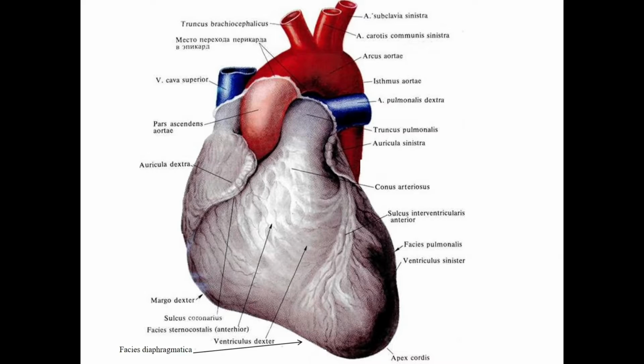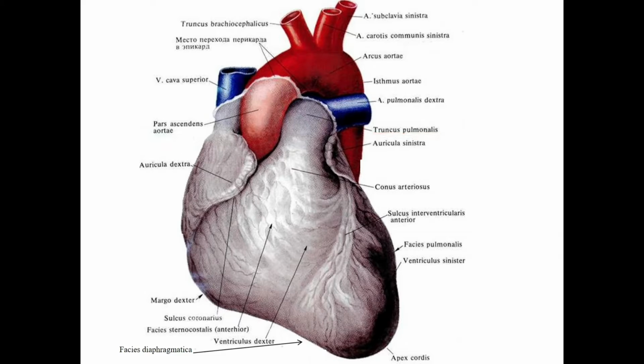On the surface of the heart, there is a transversely located coronary sulcus, sulcus coronarius, which is a border between atria and ventricles. In front, the sulcus is covered by the pulmonary trunk and the ascending part of the aorta, behind which the atria are located.